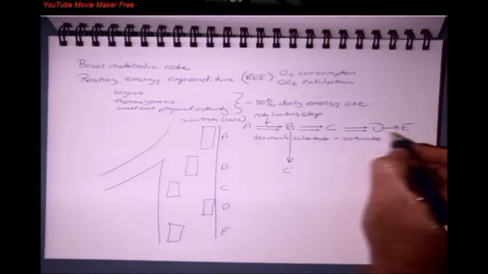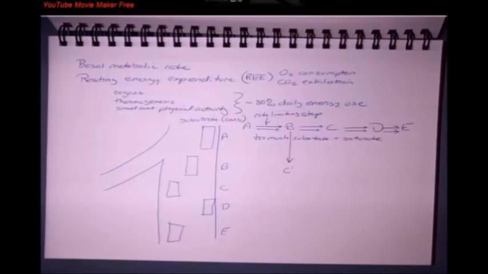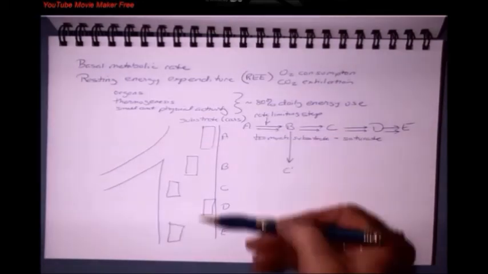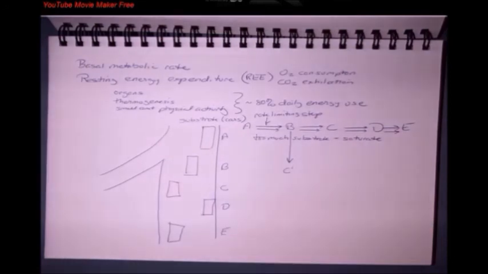How would you take a detour to go to C prime? If most of your substrate and products are just flowing right here, the cars are moving along. You block something, right? You'd inhibit something.